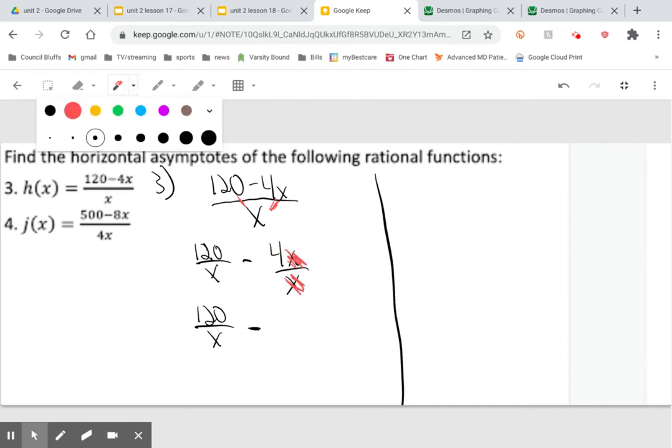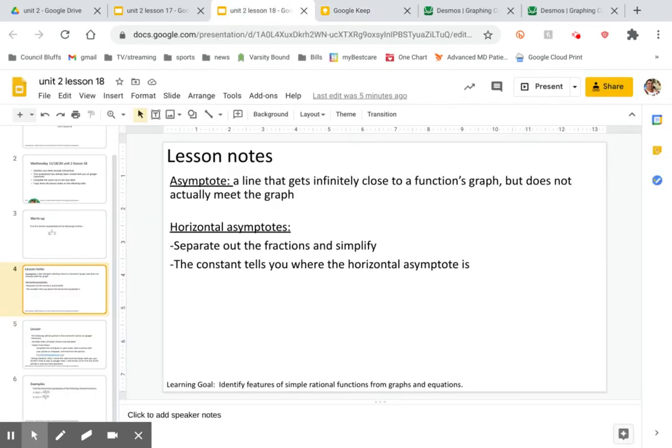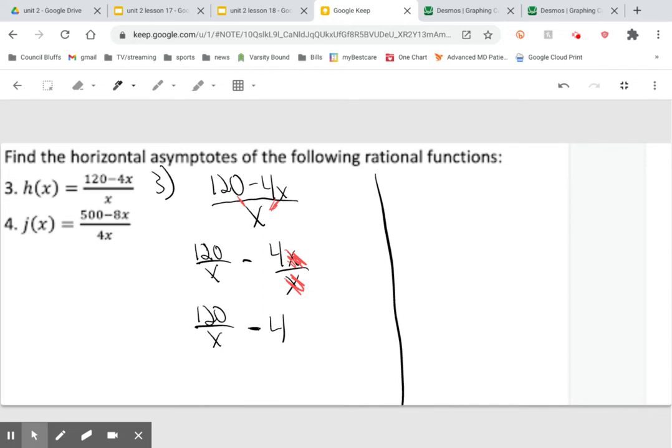So I can cancel out those x's and make it minus 4. If I go back to the lesson notes, the constant term tells you where the horizontal asymptote is. So the horizontal asymptote is going to be at y equals -4.